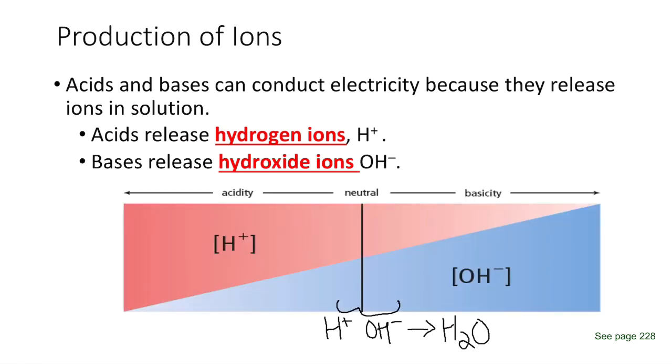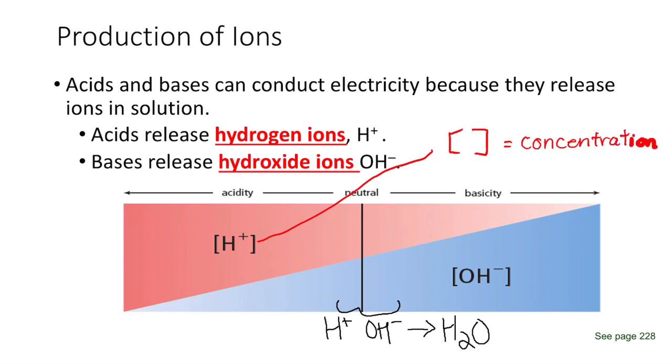So here's just an overall table. To the right from neutral, you're increasing acidity, which means we are increasing the concentration of hydrogen ions. These little square brackets you see here indicate concentration.